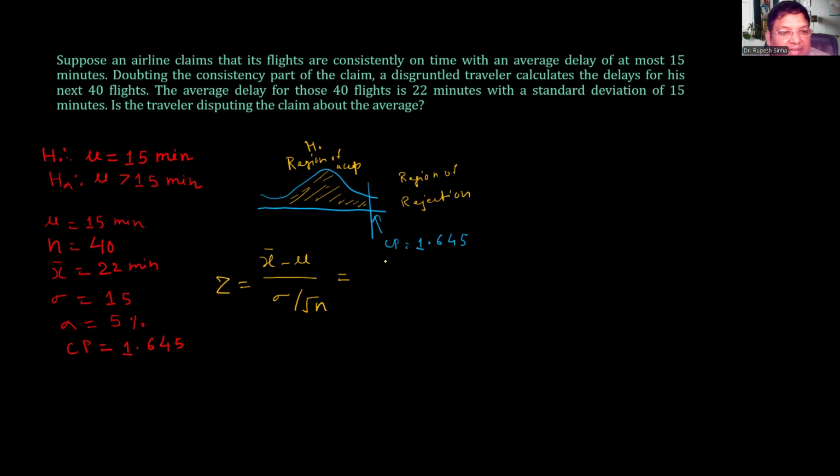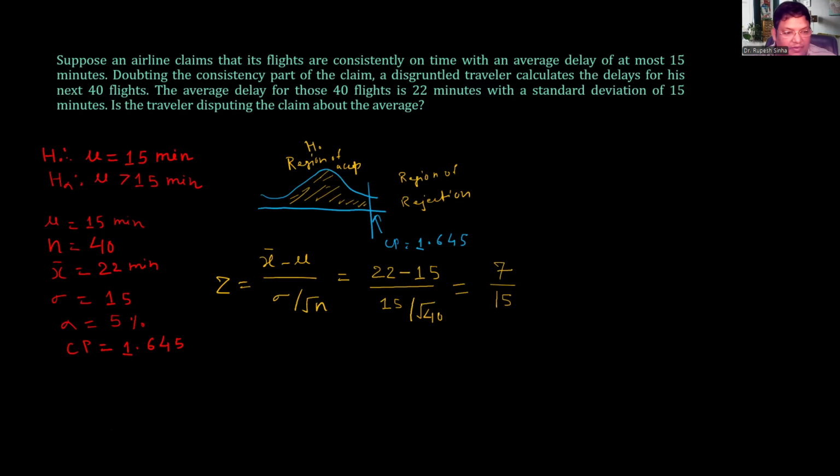X bar is given as 22, minus 15, divided by 15 by root 40, right? So 22 minus 15, we are getting 7 by 15 and root 40, it is going to become 6 point something.